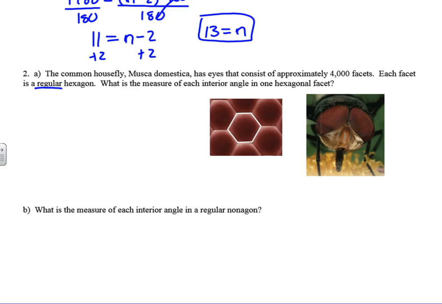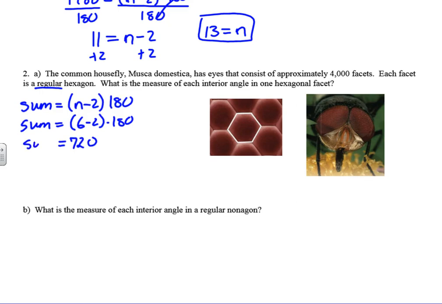Regular means equilateral. So the first thing that we need to do is find the sum for a hexagon. Sum is n minus 2 times 180. So the sum is 6 minus 2 times 180, which is 720.